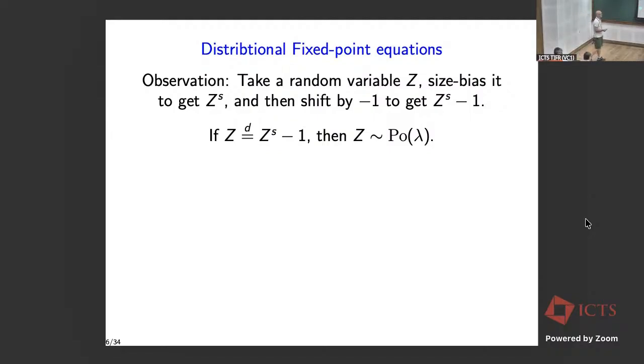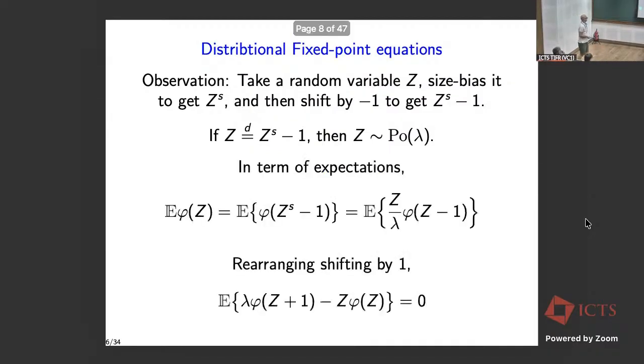And many distributions have this kind of characterization. If you write this down in terms of expectations, what does it mean? You look at the expectation of phi of Z, then you size bias it. That's the equation that we want, right?